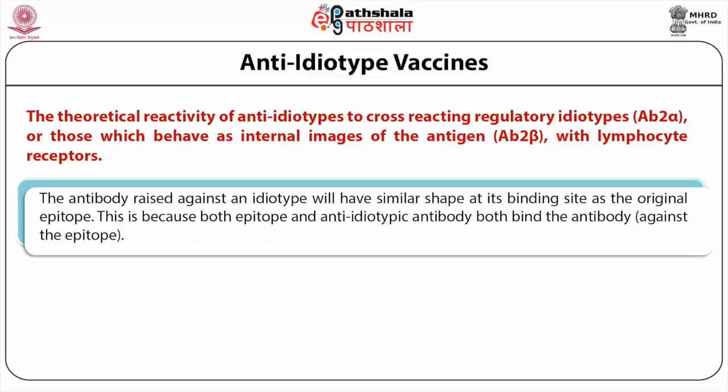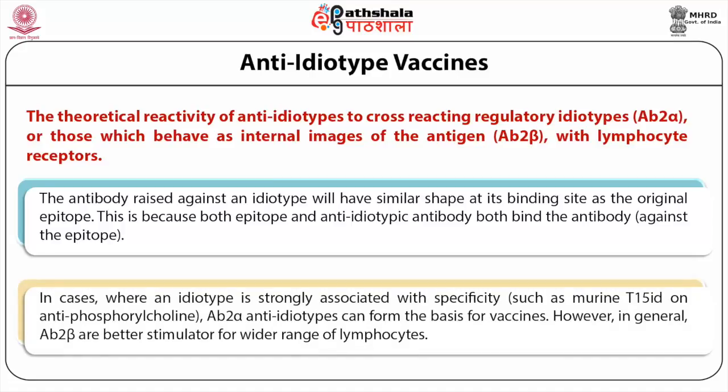There are two kinds of anti-idiotypes, AB2 alpha, which corresponds to cross-reactive idiotypes, and AB2 beta, which are the internal images of the epitopes. In cases where an idiotype is strongly associated with specificity, such as murine T15 idiotype on anti-phosphorylcholine, AB2 alpha anti-idiotypes can form the basis for vaccines.